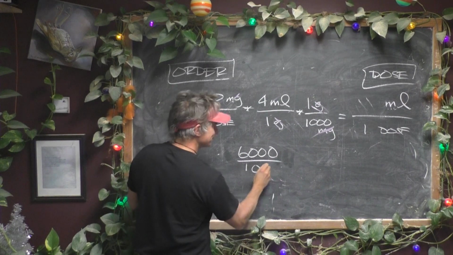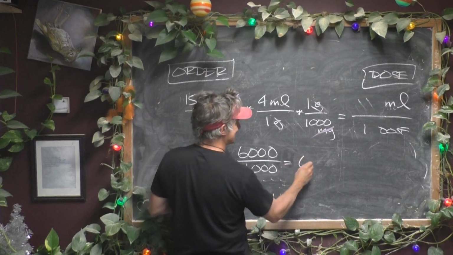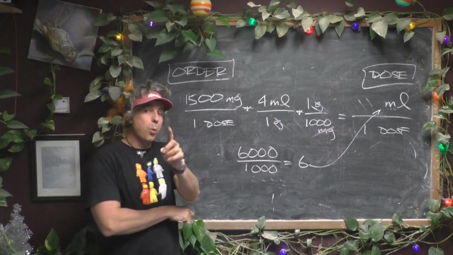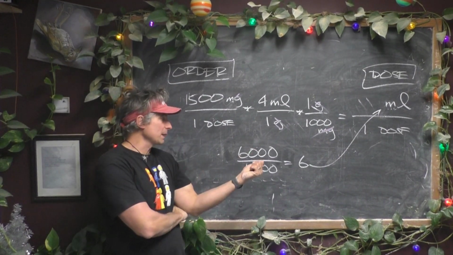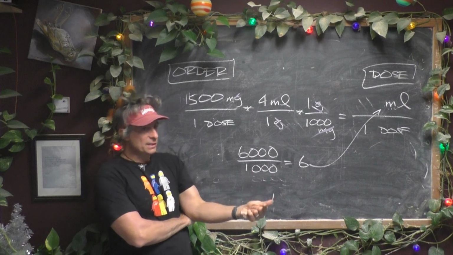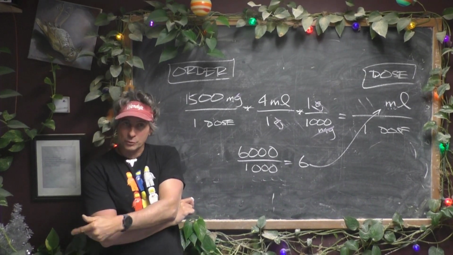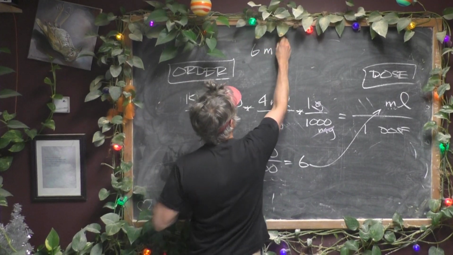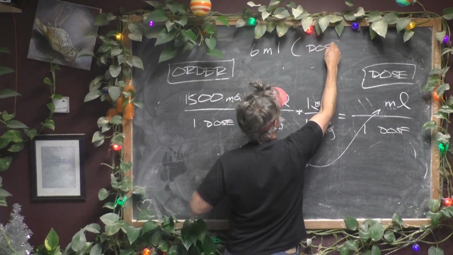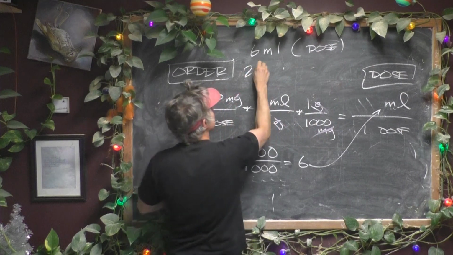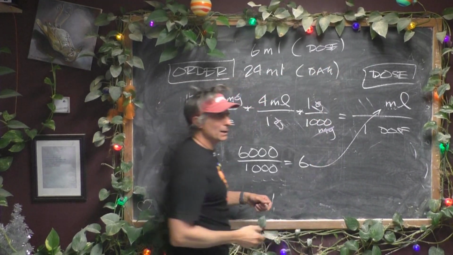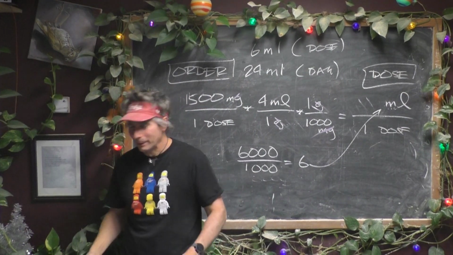Over 1,000, which is 6 milliliters. So that's one of the 4 doses. So 6 milliliters, and then 6 more, and then 6 more, and then 6 more. So all day, it's 6 milliliters per dose, which would be 24 milliliters per day. Wow, a lot going on there. Hope I did it right.